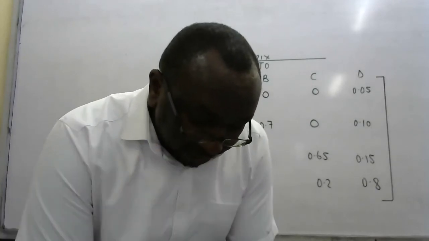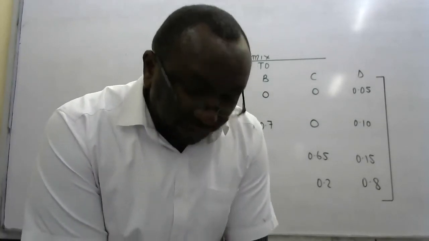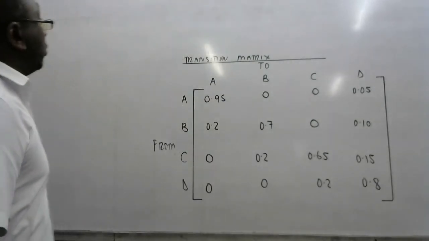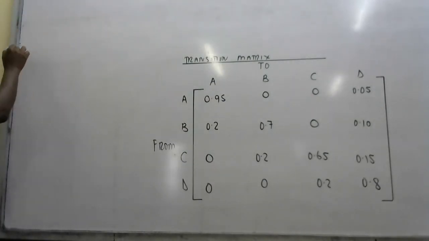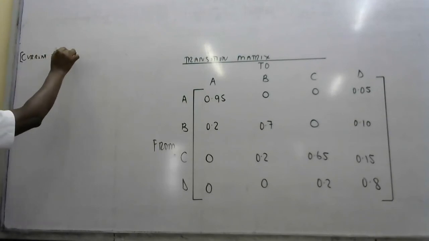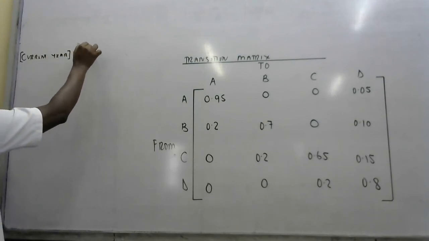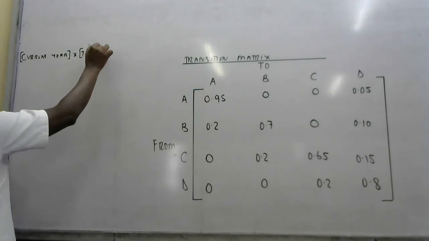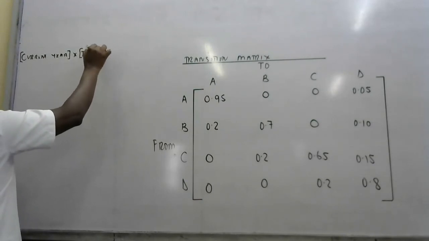That is the transition matrix. So the number of employees in each class 2 years after the agreement: you need to get the current state, the current year, multiply by the transition matrix, and you get next year.